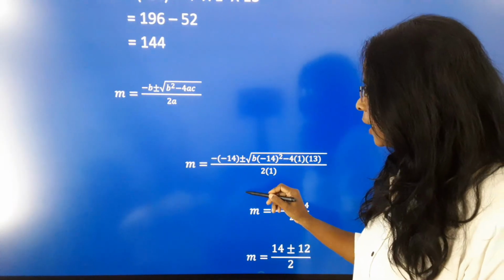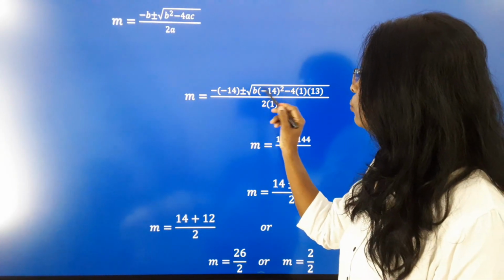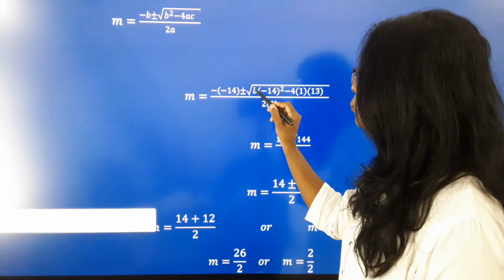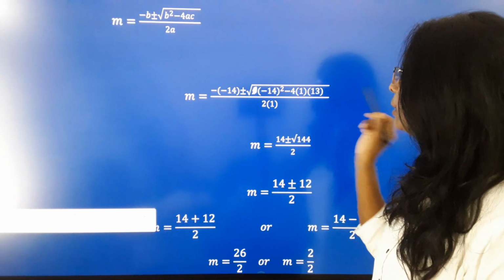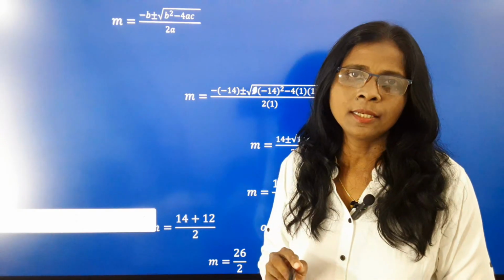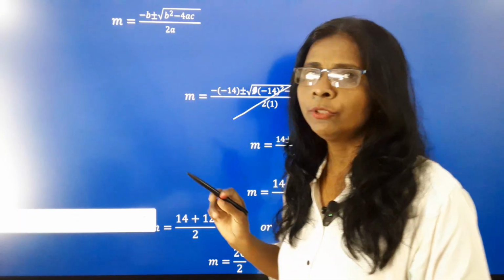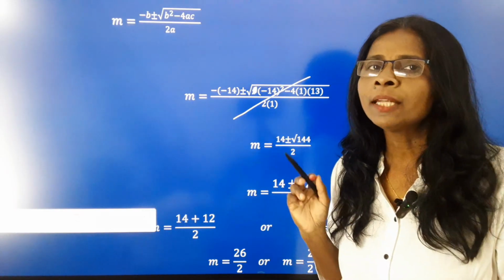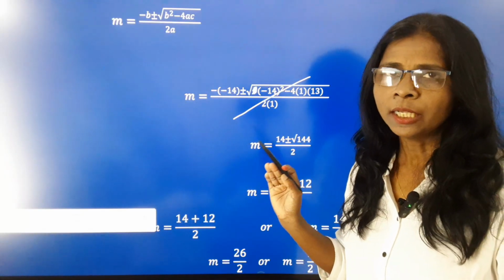Then m is equal to minus of minus 14 plus or minus the square root of minus 14 square minus 4 multiplied by 1 multiplied by 13, over 2 multiplied by 1. Now this step is not necessarily written, because we already found the value of b square minus 4ac.